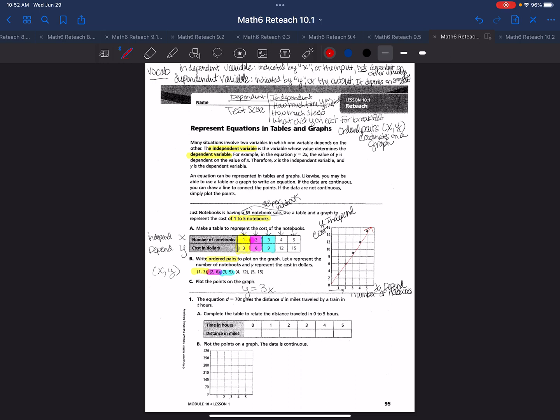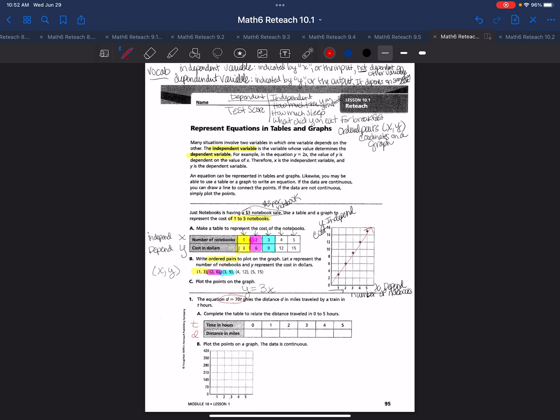Okay, let's go to example 1. The equation is D equals 70t. That gives you the distance D in miles by a train in T hours. So T is the time and D is the distance in miles.